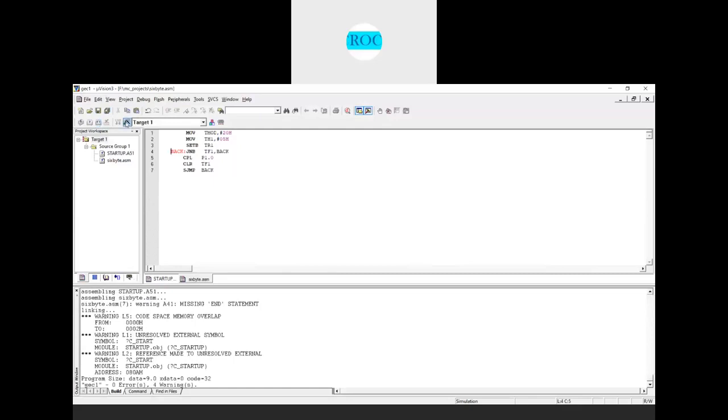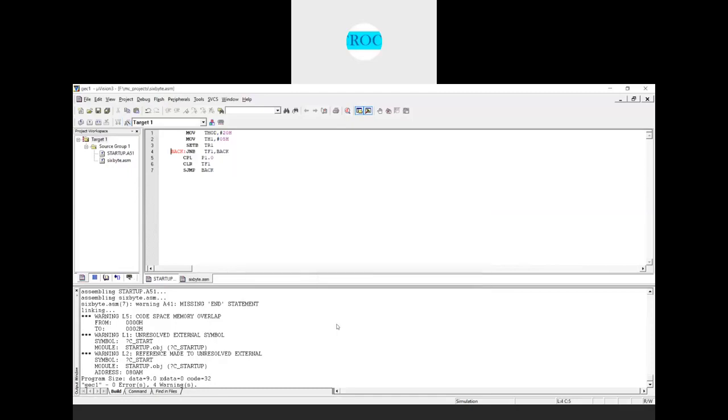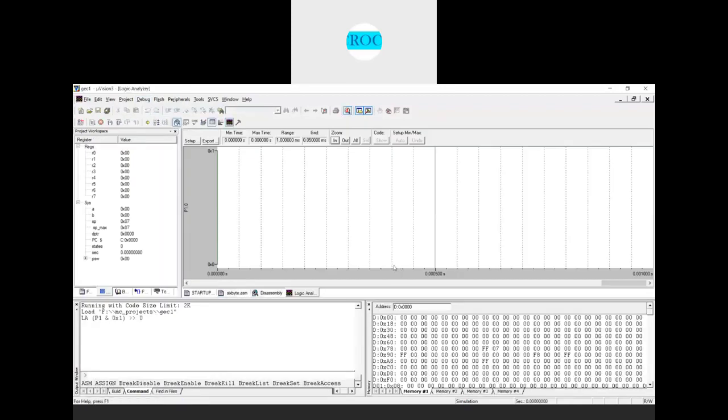First thing is, make sure that the crystal frequency is 11.0592. Whatever the crystal frequency is, you need to put it here. You can go to the target, and in the target you put the crystal frequency as 11.0592, in megahertz. Make sure that the crystal frequency is set. After that, start running this program.